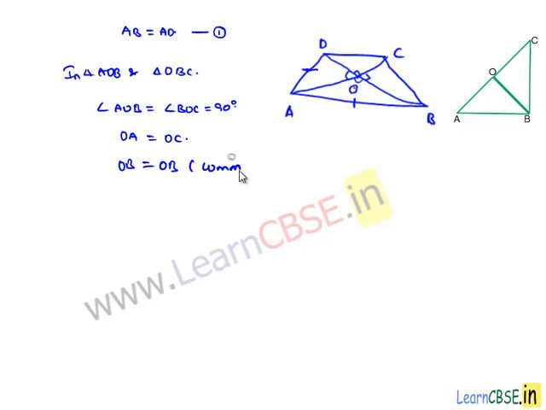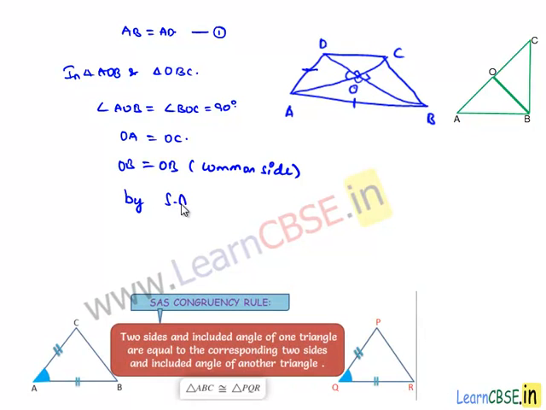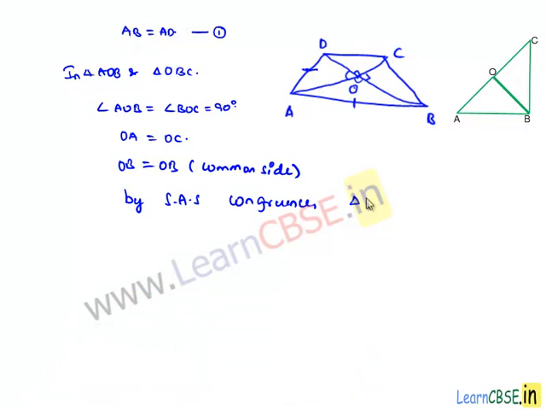So here the two corresponding sides and an angle of the two triangles, triangle AOB and triangle BOC, are equal. Therefore, by SAS congruence rule, we can say triangle AOB is congruent to triangle BOC.